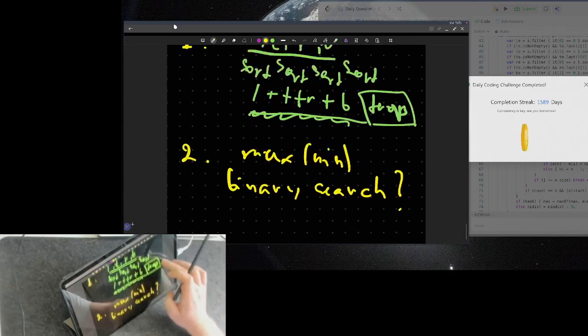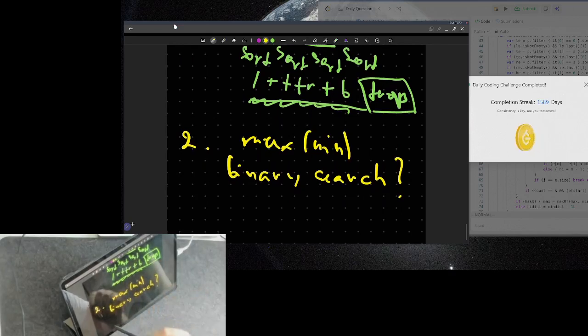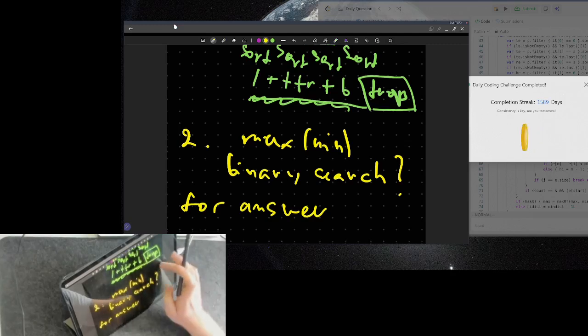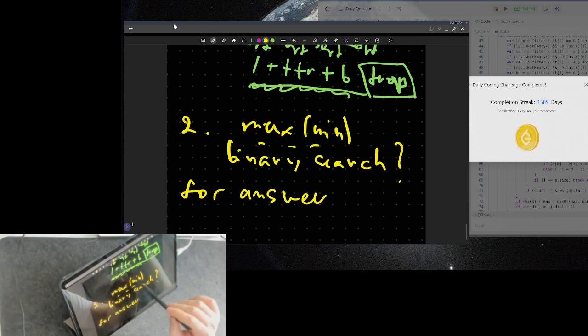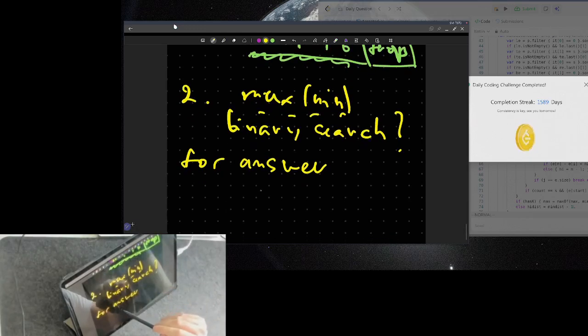But what should you binary search for? Let's binary search for the answer. The answer is the maximum of the minimum distance. So we're freezing the minimum allowed distance.